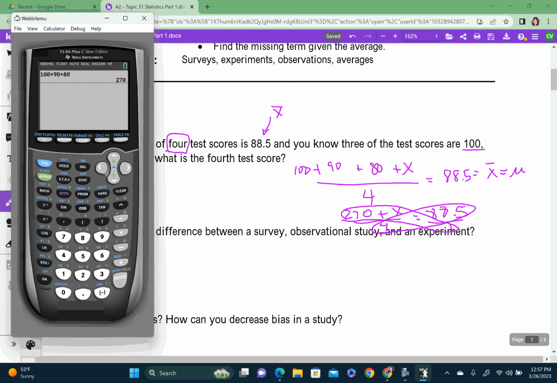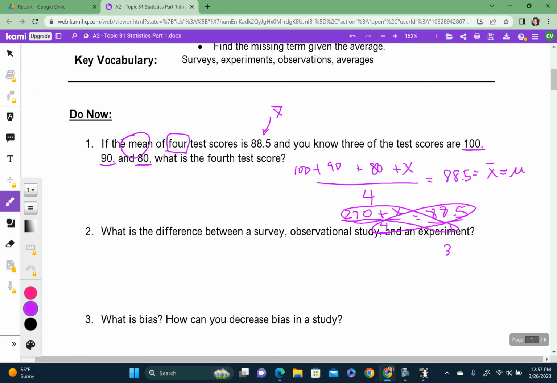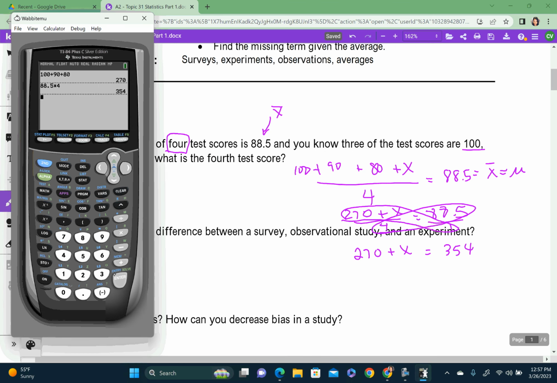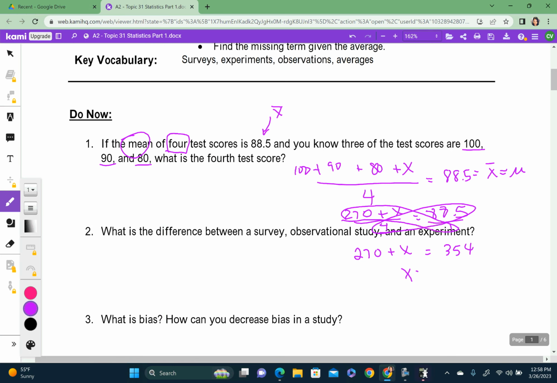So now I take my calculator and do 88.5 times 4, and that gives me 354. So 354 is equal to, and this is a 1, so 1 times anything is itself, so I have 270 plus X. Now I just have to take my 354 and subtract 270 from it, because I have to move that 270 over, and I get that my X, which is the fourth score, the one that I'm looking for, is 84.